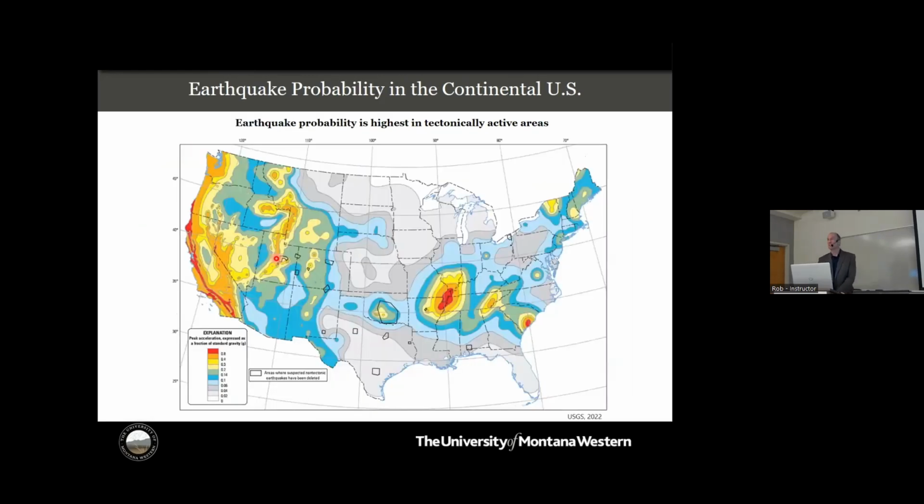All right, so then earthquake probabilities. When you look at a map of earthquake probabilities, you can see it mimics the map of heat flow at the surface for the continental United States. So the activity is in the west. And the reason why it's important for me to show you, and there's your question, there's the New Madrid fault system, right? It's because this is moving that way and this is moving that way.